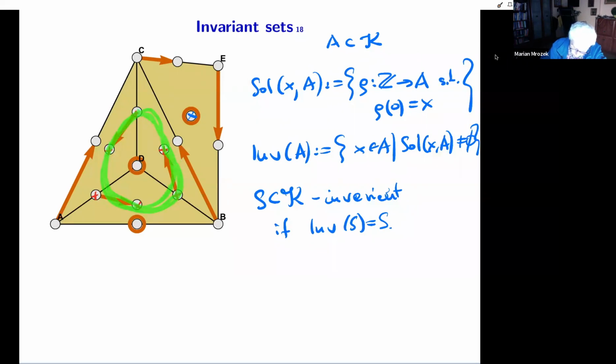And there is one more, another color, which is also periodic, again six cells. We'll see that actually this one is repelling and this one is attracting.